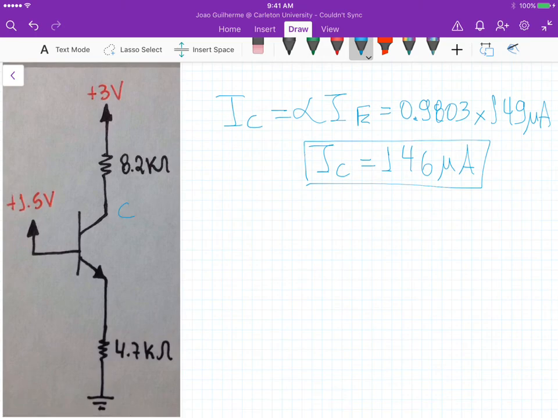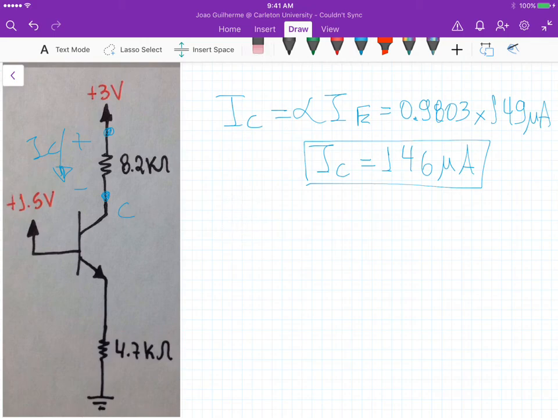Now if we note this current that's flowing at the collector, IC, we can calculate VC by just analyzing the potential difference, the voltage across this 8.2K resistor. Let me write the equation for the potential difference.